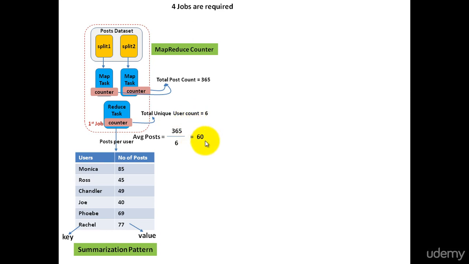Using these two, we can compute average posts per user, and using the summarization pattern, we will get the number of posts per user. So we will get average posts per user and number of posts per user from the first job.